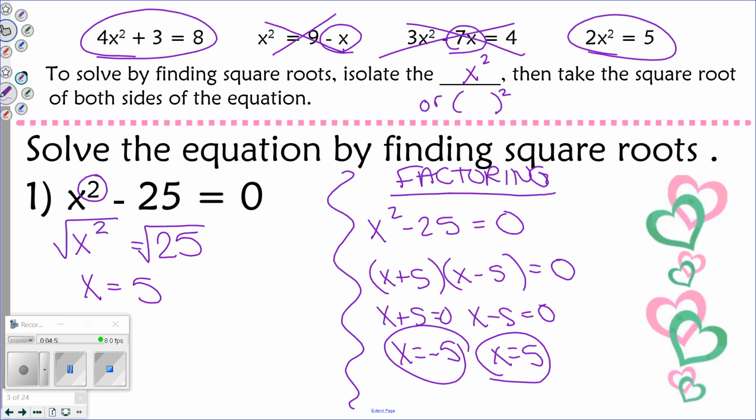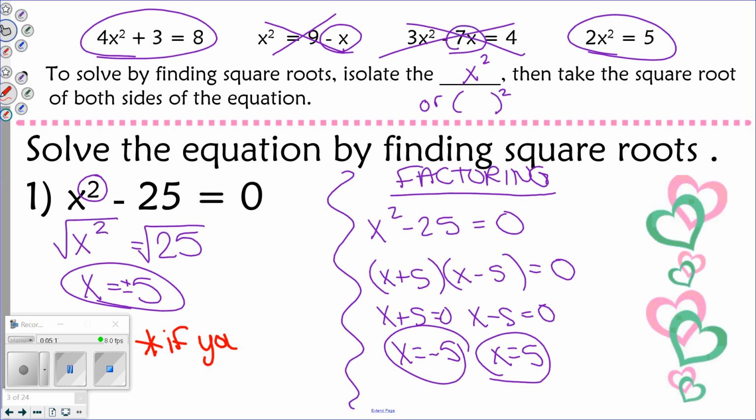Is that always going to happen? Anytime you take the square root of something, plus minus is attached to that. You always have to add that. So make yourself a note, because that is the most commonly missed thing on all of these.